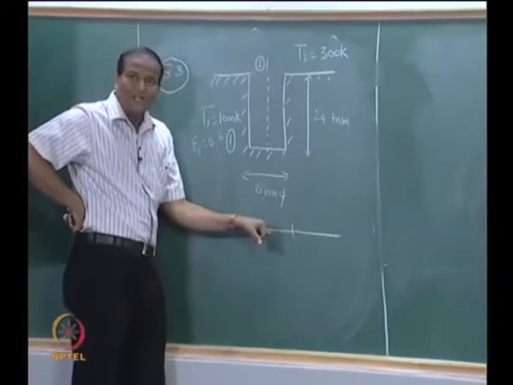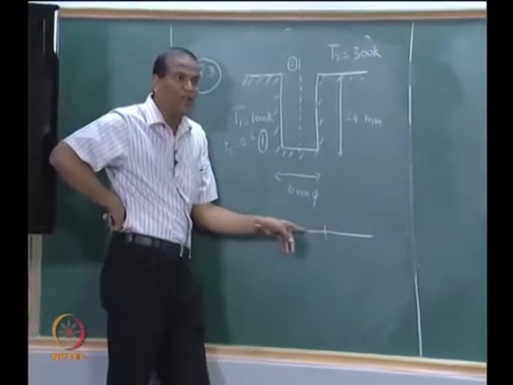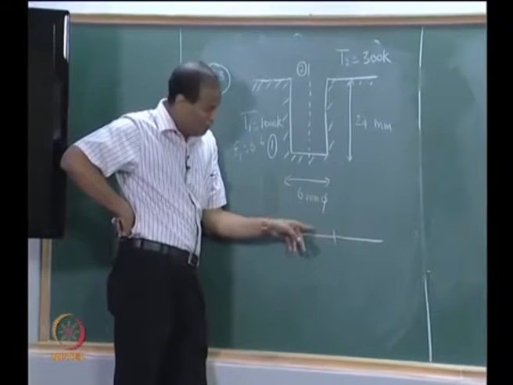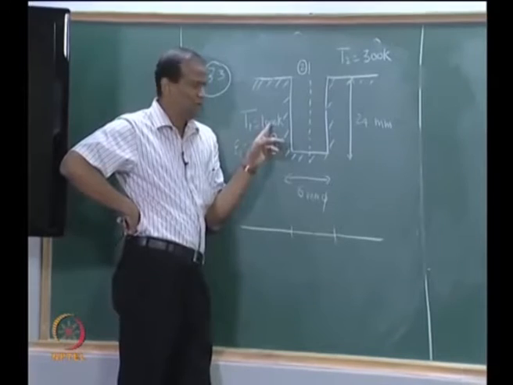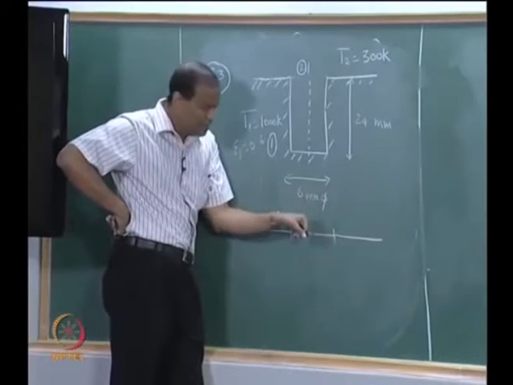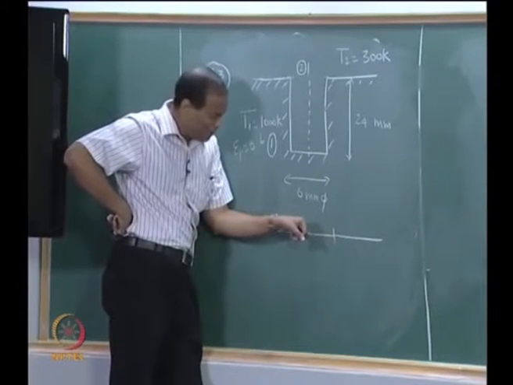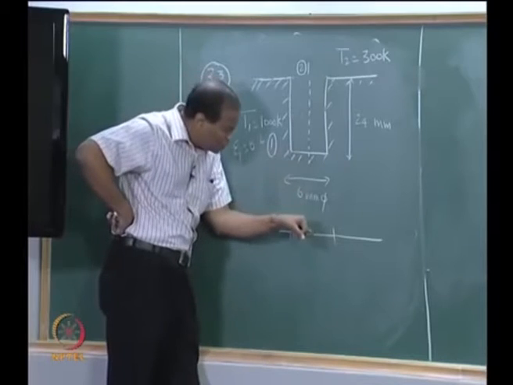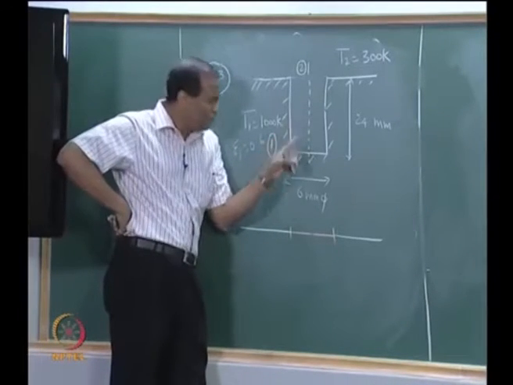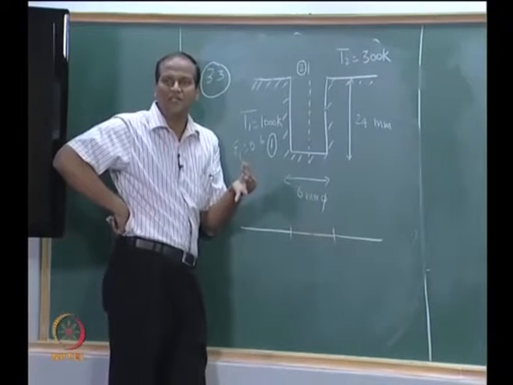But now I say this circle of 6 millimeters radius is a surface which is a black body. Now this is at 1000 Kelvin. It is also losing heat to the surroundings at 300 Kelvin. This will dissipate a certain quantity of heat to the surroundings. I want to see, compared to this, how much this will dissipate. The ratio of these two is called the effective emissivity.